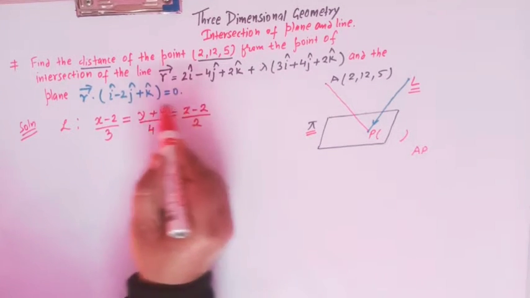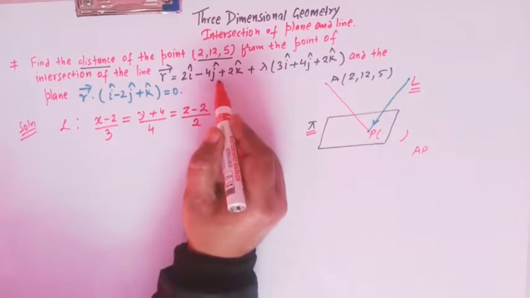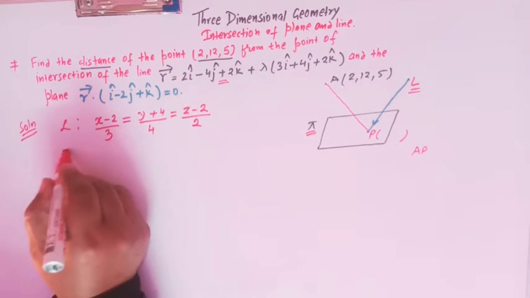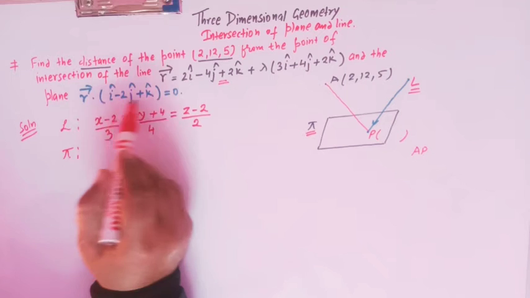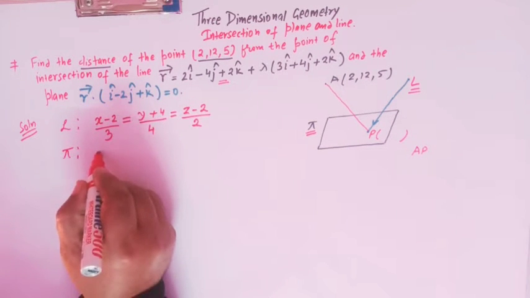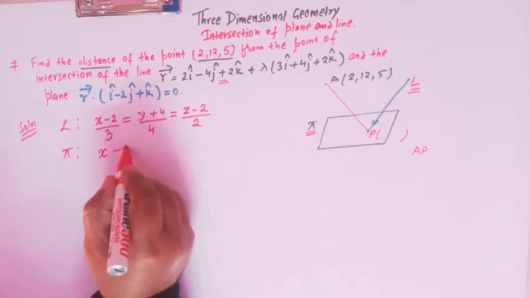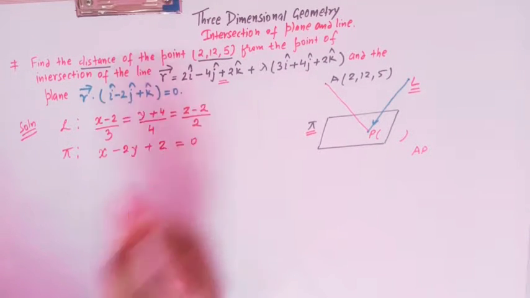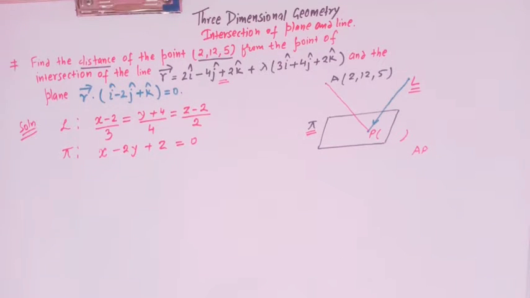So this is the Cartesian form of this line, which is given in vector form, and the Cartesian form of this plane is given by x minus 2y plus z equal to 0. So these are the two equations.